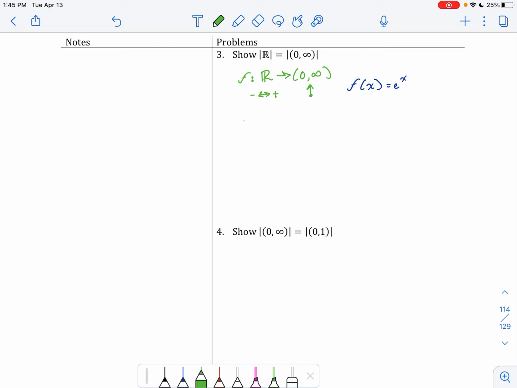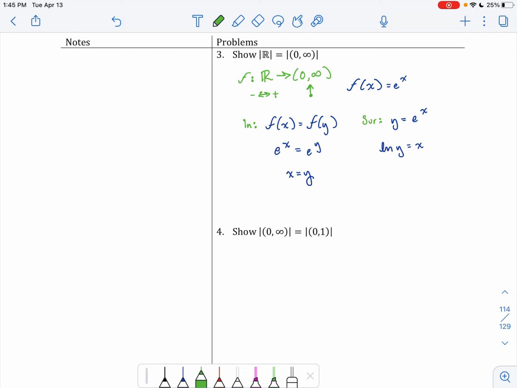Now I want to show that it's injective. So if f of x is equal to f of y, e to the x is equal to e to the y, so x must equal y because e to the x is 1 to 1. We've seen this. Now, surjective, we want to say some y is equal to f of x, and that value is ln of y is equal to x.